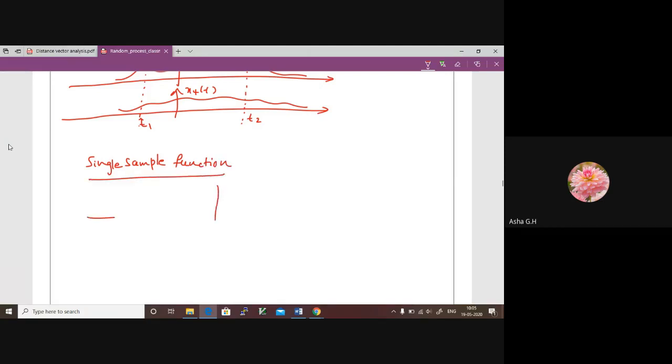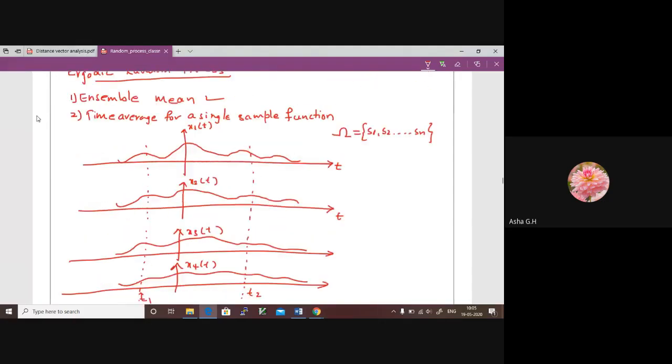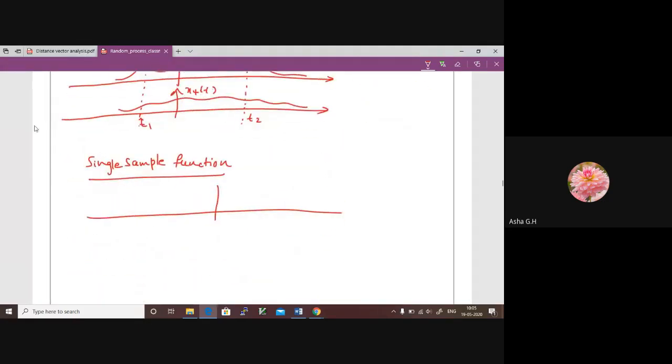let's take the same first graph. Okay. Now the first graph is looking something like this. Sorry, this is one of the graphs. What we do is take one and try to study the variation in the curve. Okay, and based on that, we can find out the statistical parameters. And the one condition here is that this will go on from minus infinity to plus infinity. We take an infinite number of values here.